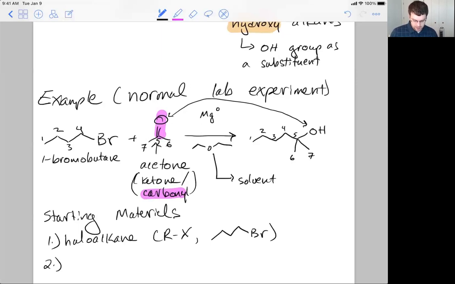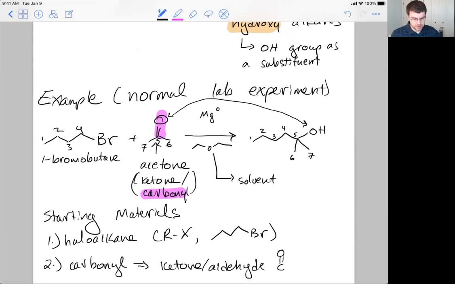The other starting material is the carbonyl, which again is a ketone or aldehyde in most cases. And the carbonyl really is just some functional group with a carbon double bonded to an oxygen. Ketones and aldehydes are most common for the Grignard reaction. You're not going to see too many of the other types of carbonyls like esters and amides and that sort of thing, for some reasons we could talk about in organic chemistry too.